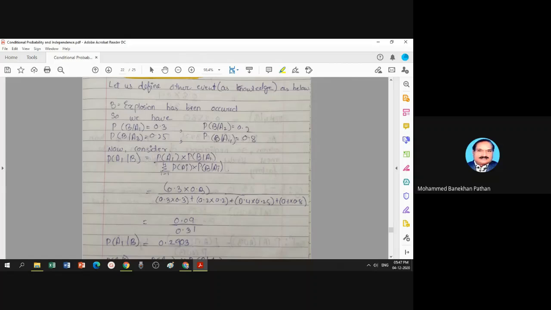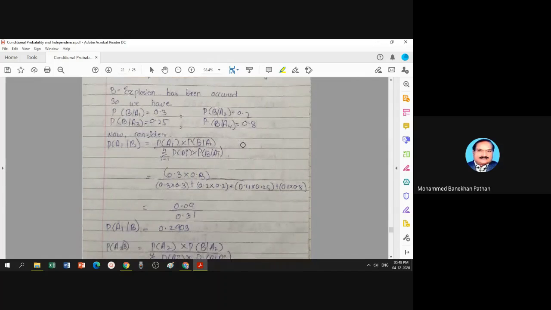Chance of having explosion due to fourth cause, that is sabotage, 0.8. Now we want to decide the explosion occurs most likely by what reason? Whether it is by short circuit, or by negligence of workers, or by defect in machinery, or by sabotage.